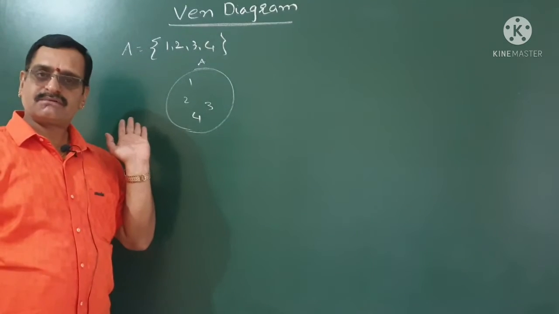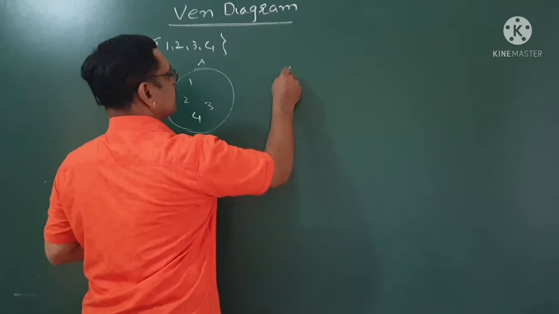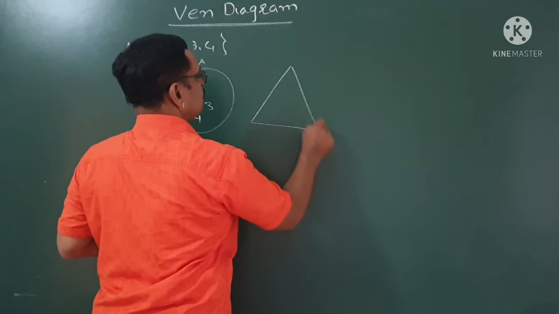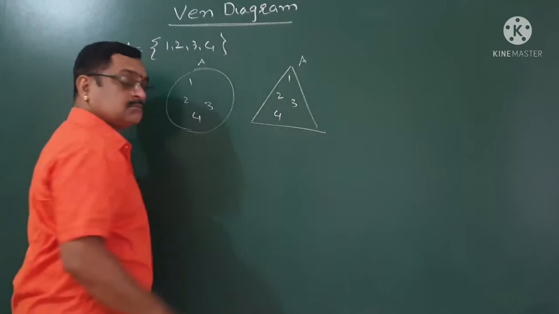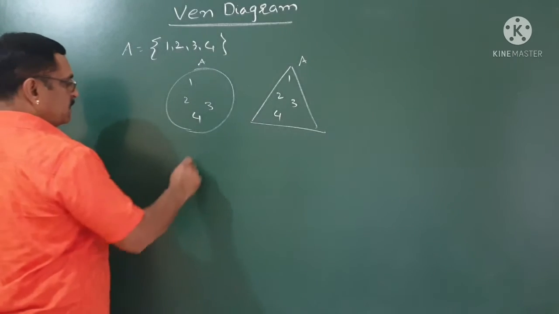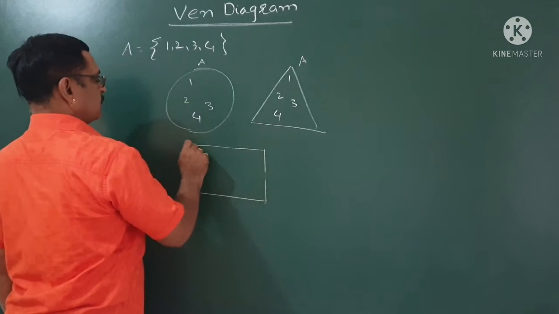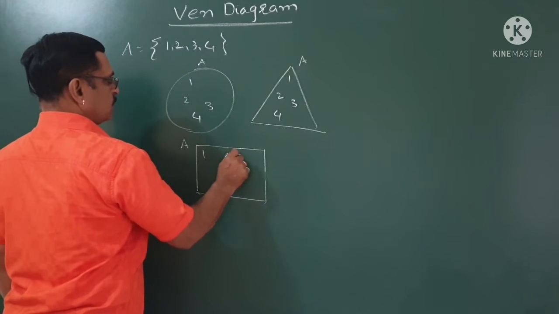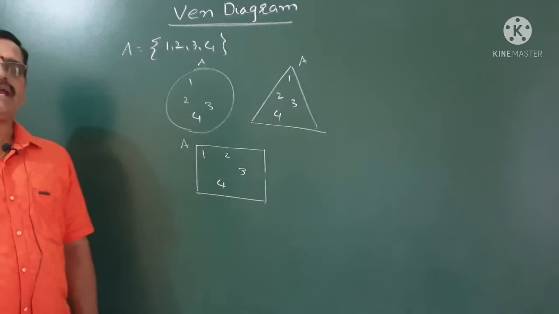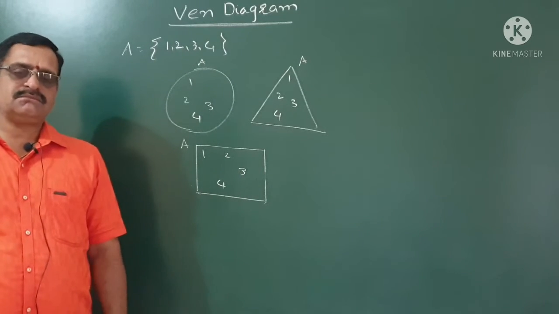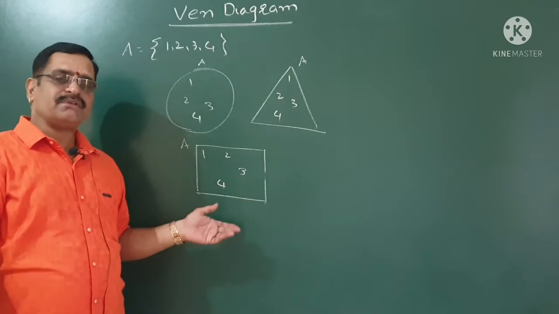Simple concept. Instead of a circle, I can go for a triangle also, with 1, 2, 3, 4. Or you can use a rectangle. Here set A, 1, 2, 3, 4, and so on. You can use any closed geometrical figure as a picture to represent the set.